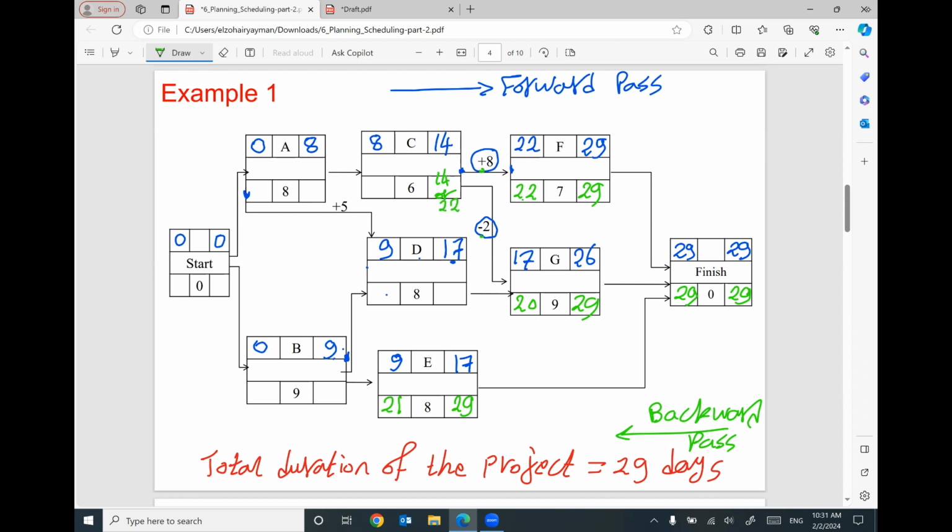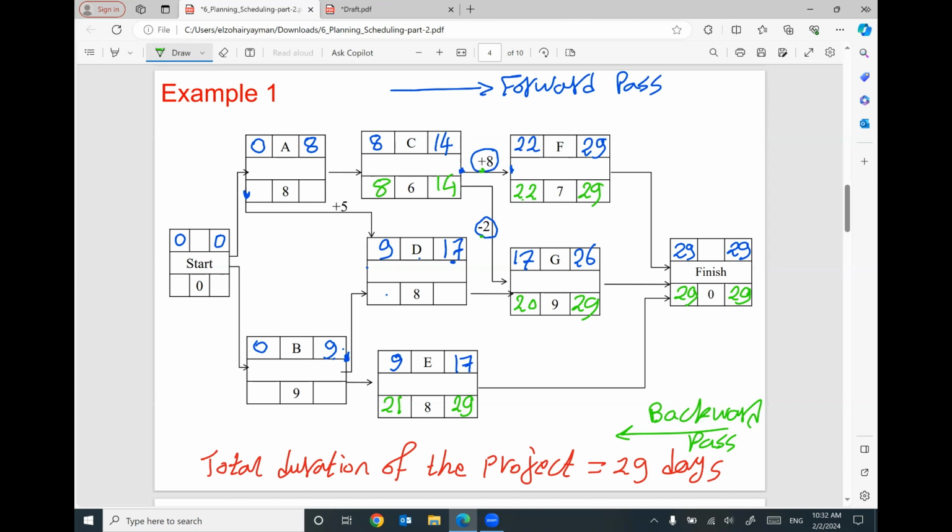So the late finish of activity C can be 14 based on the relationship with F, or 22 based on the relationship with G. Which number am I going to use? Because we are going backwards, I'm going to use the smallest number, which is 14. 14 minus 6 will be 8.